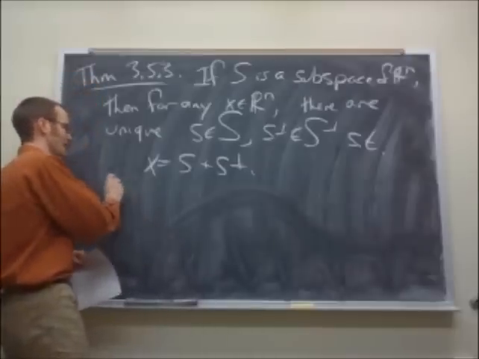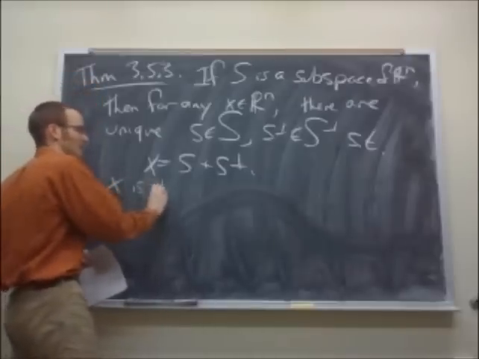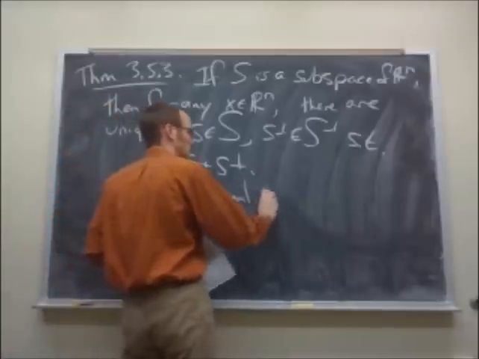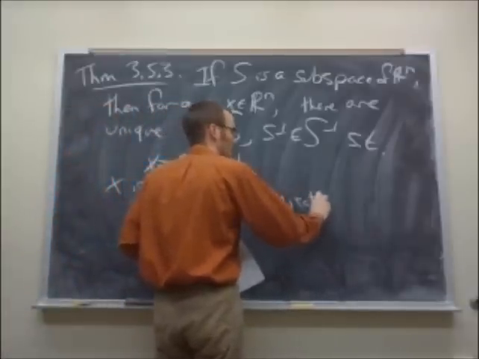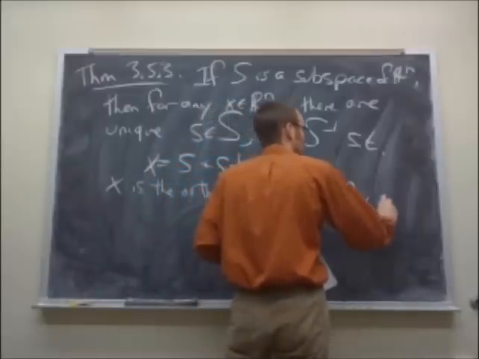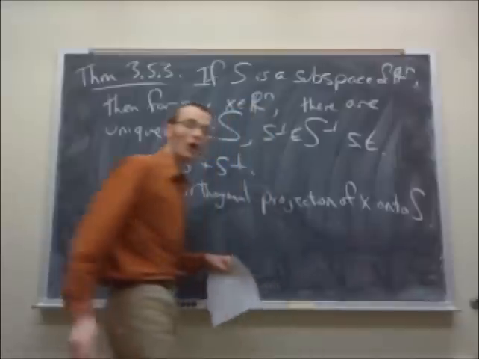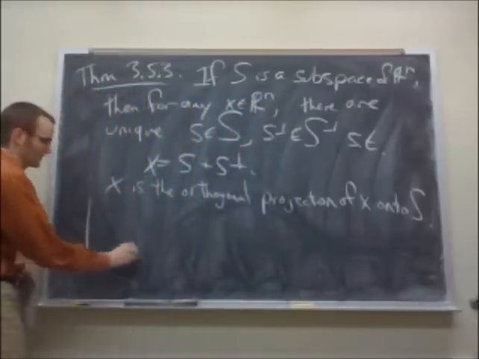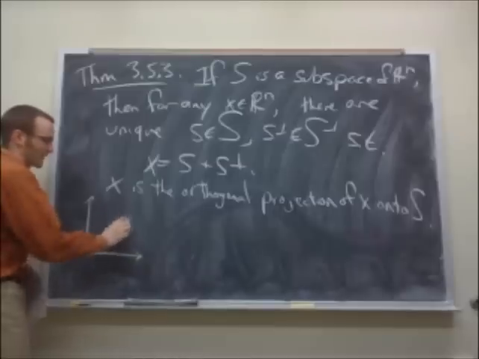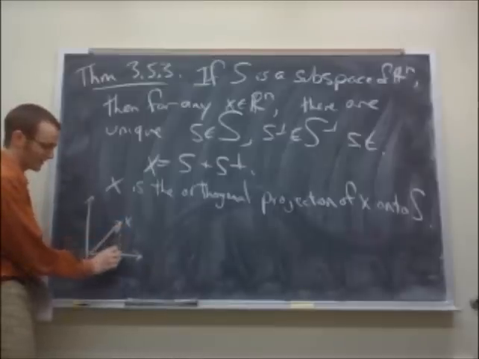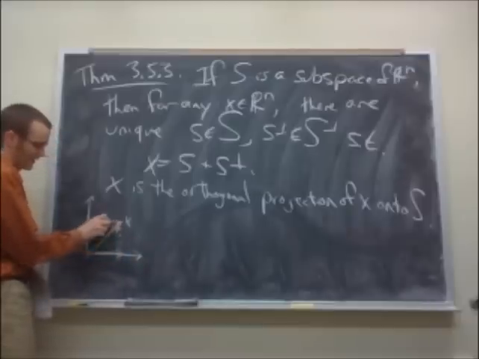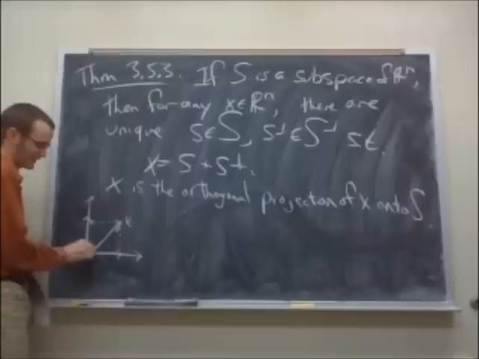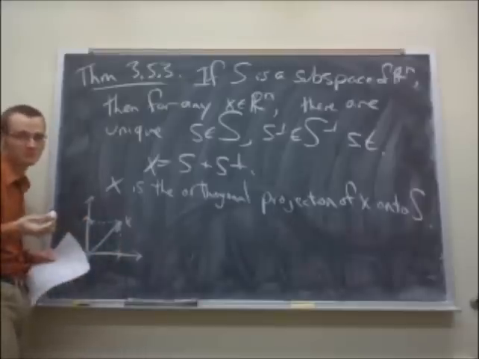And so we say s is the orthogonal projection of x onto the subspace S. Essentially what's happening, if you think of this in 2 dimensions, here's your vector x. You're saying, okay, well, let's project it down onto this vector and then project it into the perpendicular part. And so x is this plus this. Makes sense.